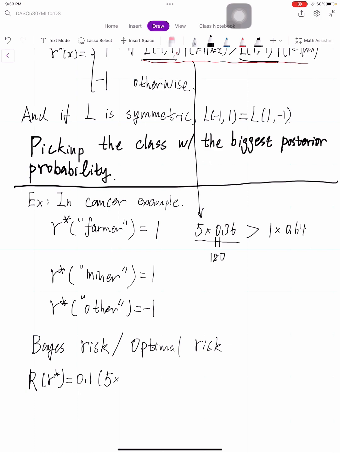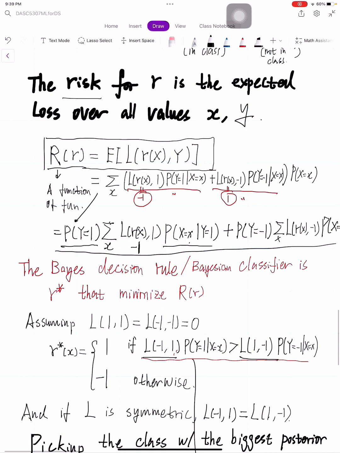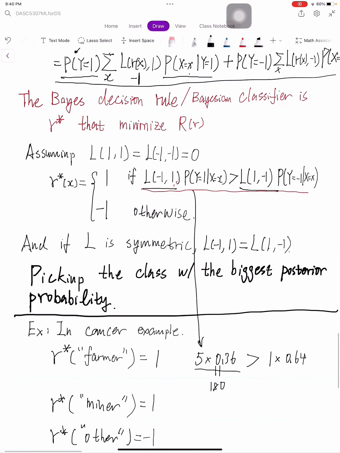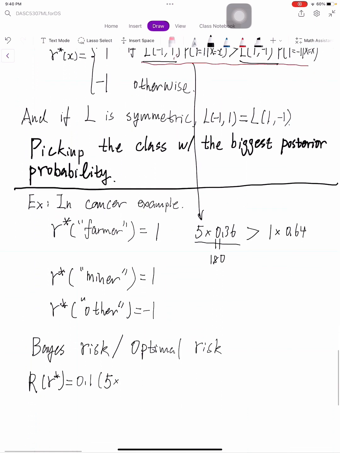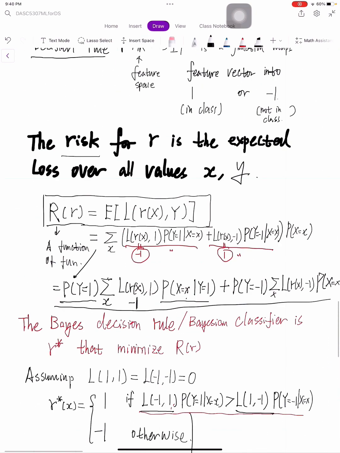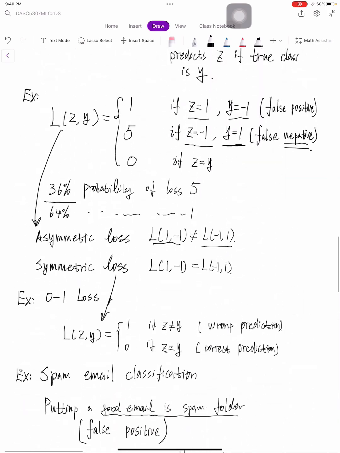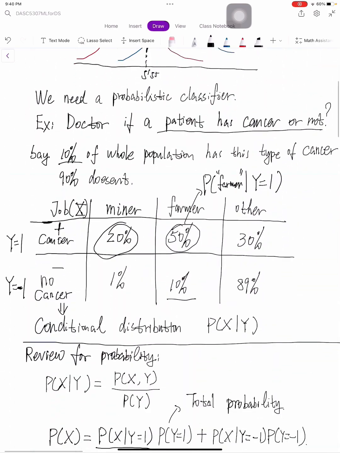So 5, the loss, multiplied by, given the cancer patient among the other jobs, which is 30%. If you go back to check the original data table here, yes, 30%.